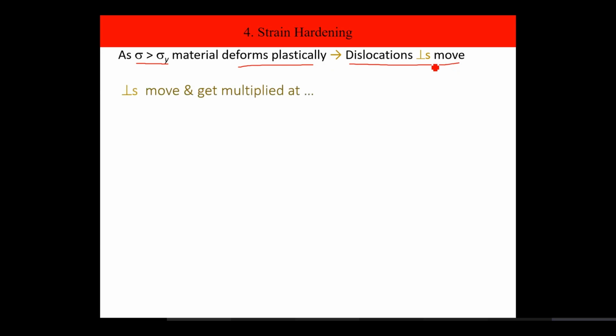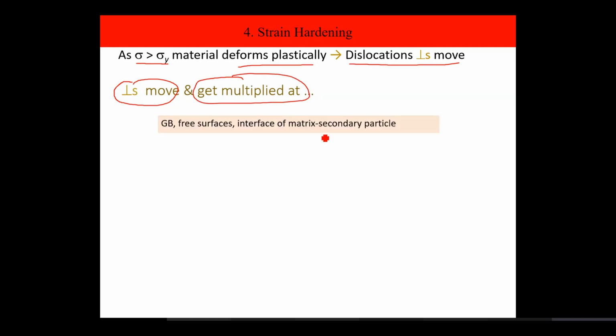So after each plastic deformation, dislocations not only move, they get multiplied at grain boundaries, free surfaces, and the interface of matrix and secondary particles. So with each successive deformation, as you take the sample beyond plastic deformation, dislocations are created and get multiplied at the grain boundaries, the free surfaces, or the interface of matrix and secondary phase particles.